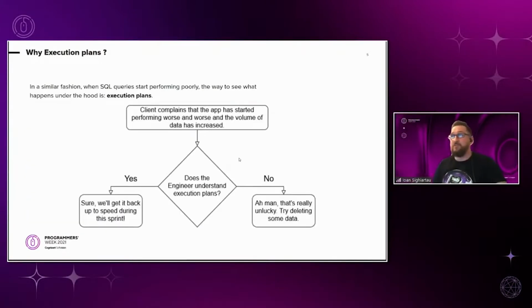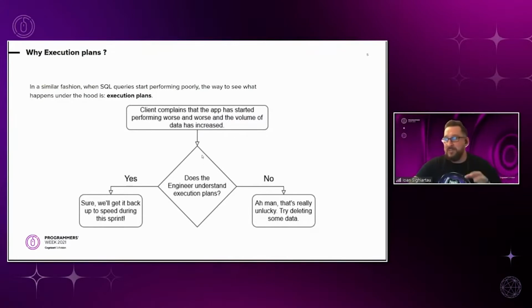In a similar fashion, when SQL queries start performing poorly, we need to pop up the hood and take a look at what's happening over there. And we can do that via the execution plan. So in a scenario where the client complains that the app has started performing poorly, worse and worse by the day, and the volume of data has increased, of course they are not going to hire an external DBA to do your job, right?